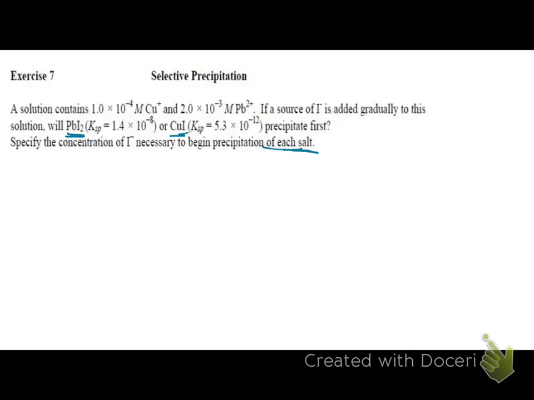So we have our KSP, of course, for each one. For lead it is Pb2+ times iodide to the second power, and then the KSP for copper is copper times iodide.